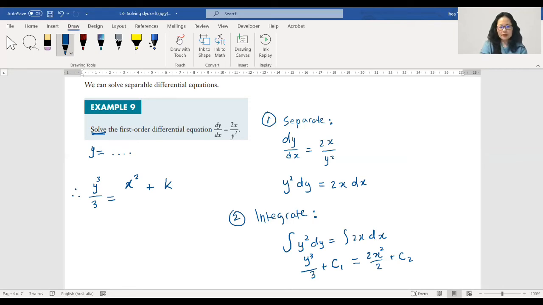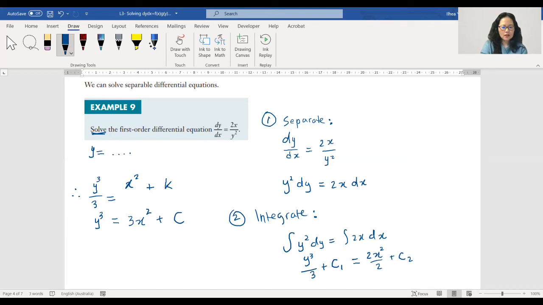And then I'm going to make y cubed the subject. So that means I'm just timesing by 3. Okay, so it'll become 3x squared, and I'm going to change this again to capital C. Okay, so capital C is like a 3k really, but it just looks neater if we put it into one whole constant.